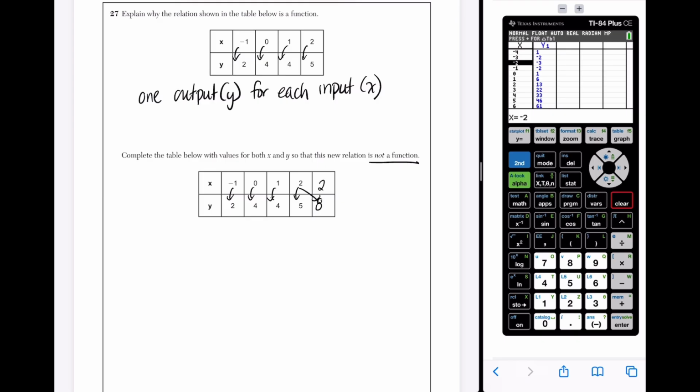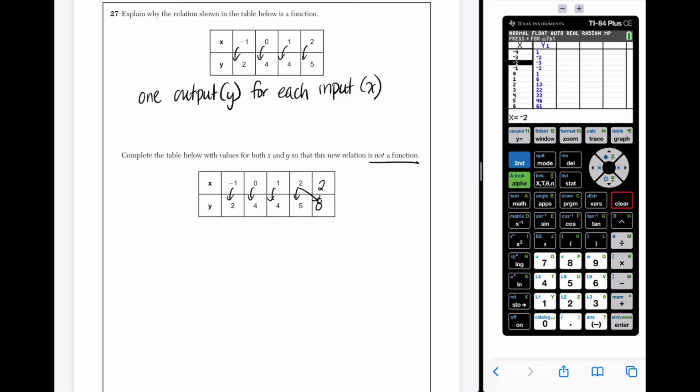And so I just made up a number because it says you can complete the table, and I just decided to pick 2 because I'm just repeating when x equals 2, but I'm giving it a different answer. So now I'm giving it 8. So now I have 2 different answers. When x equals 2, I can have 5 or 8. That is not a function. But you could have used any number, but you had to repeat the x's. So it had to either be a -1, a 0, a 1, or a 2.